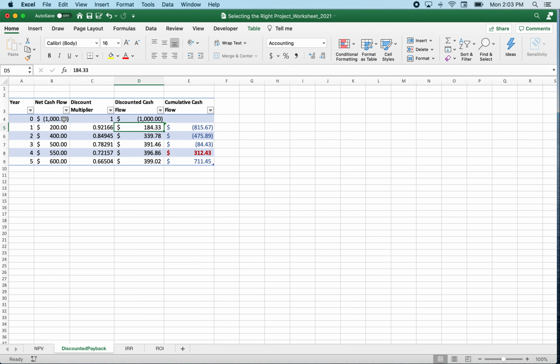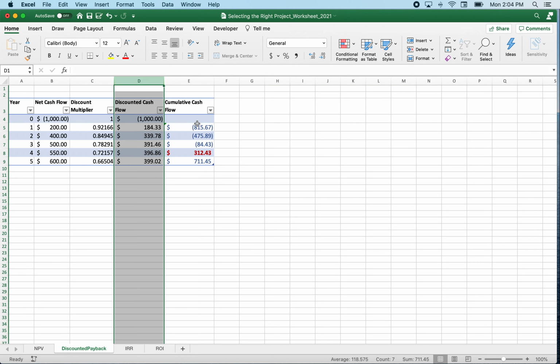In this case, we spent $1,000 and we're not converting the 200, the 400, the 500, all the way through the 600 into present values. We just look to see when the project turns positive using those non-discounted values. That's something we don't show in this demonstration, but I want you to be aware that the process is the same. It's just that you do the calculation without taking into account the discounted cash flows, which we have in column D.